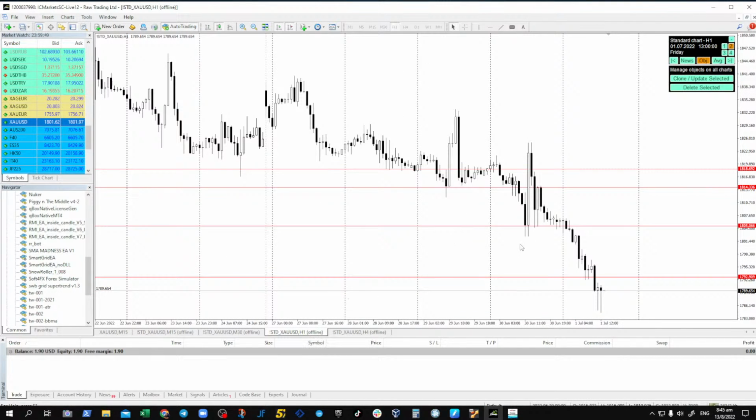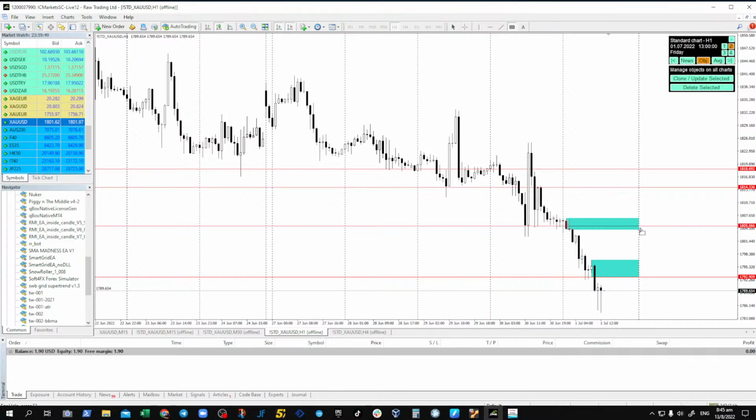SNR level. So in H1, what we do is mark our supply and demand zones. The first thing we do is mark this supply zone because we are already below the SNR level. So this is the supply zone. Next one, this is our supply zone.